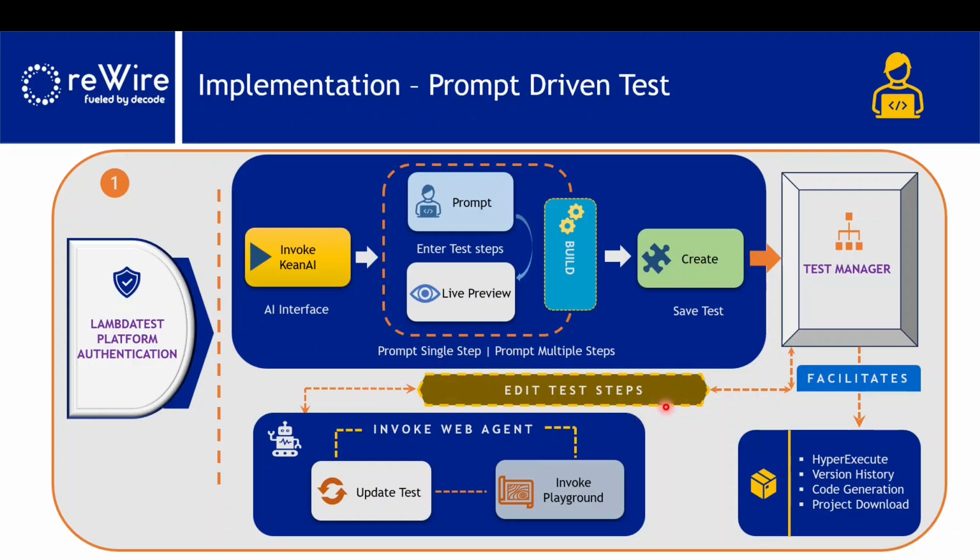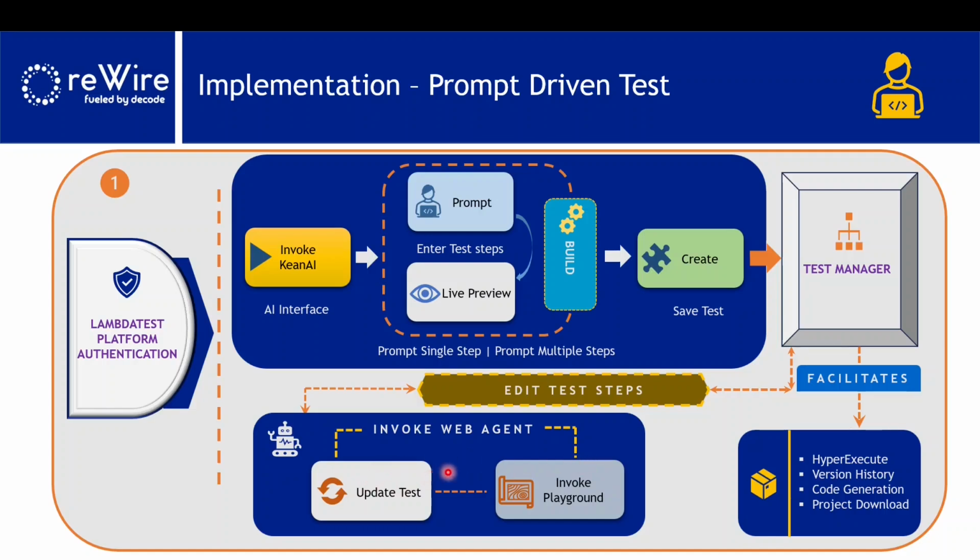The moment you click on this edit test steps interface, it will invoke the web agent, and the web agent in turn will invoke the playground, so that you can see the user actions happening as per the given test steps, or any new steps that you are going to add, that also you can see.